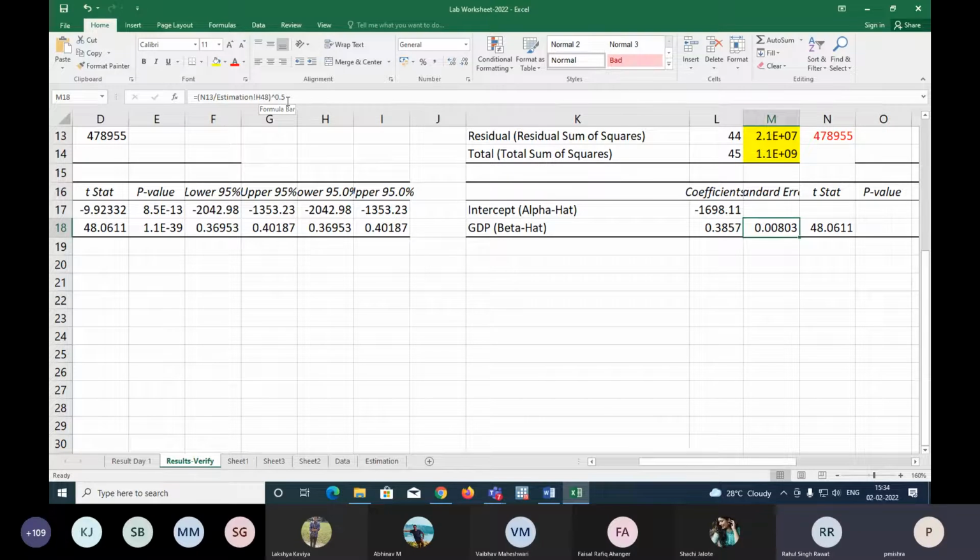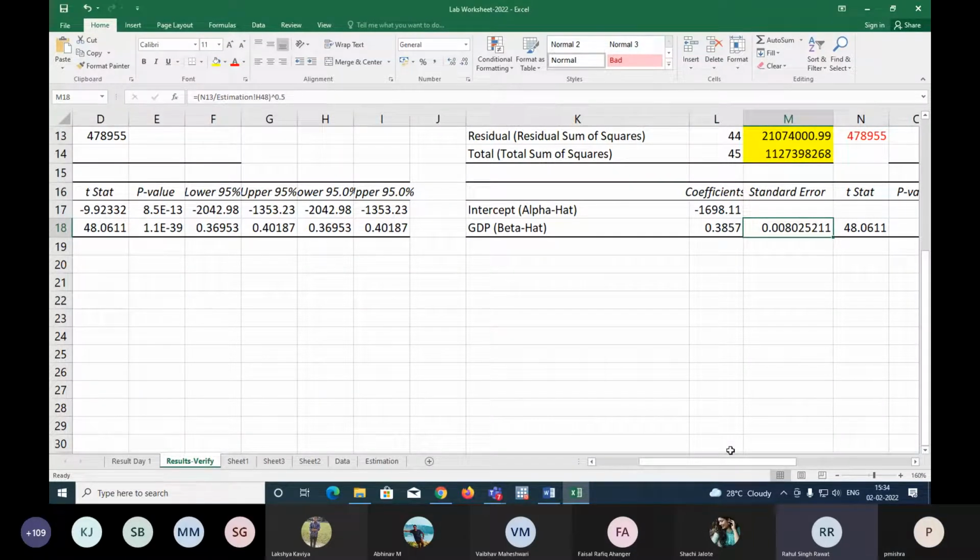And then we are just taking the square root of the entire measure. And when we are trying to get the T-stat, it is nothing but this beta hat divided by standard error of beta hat. Is it clear?